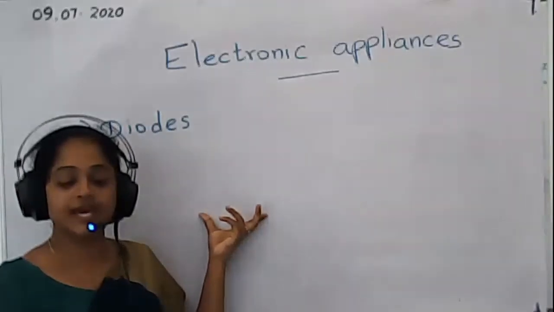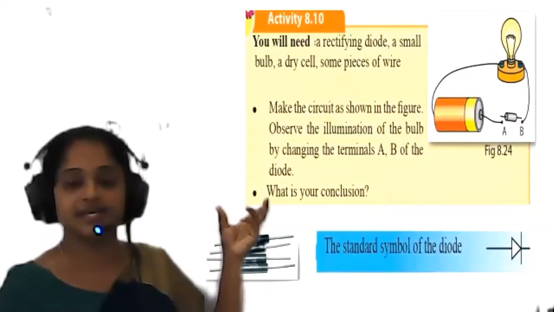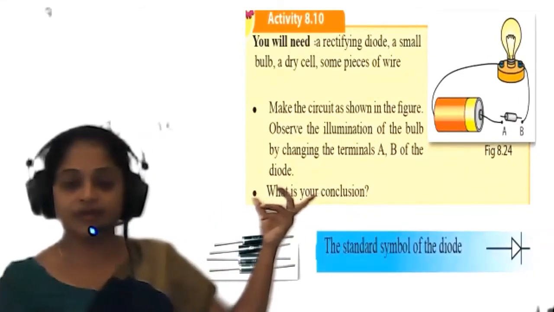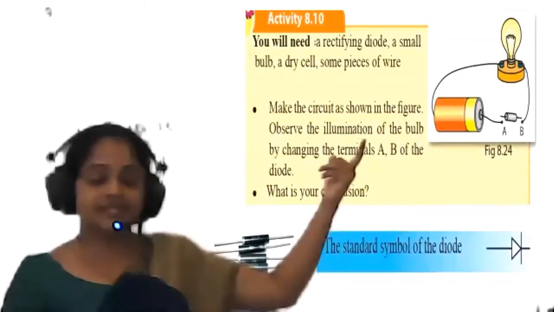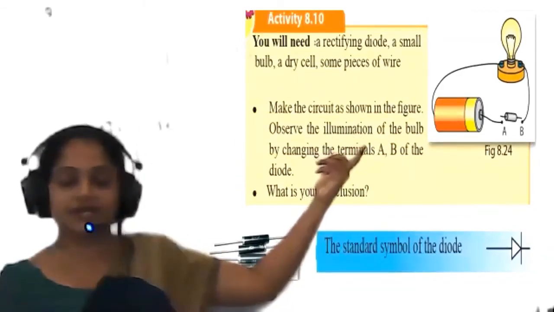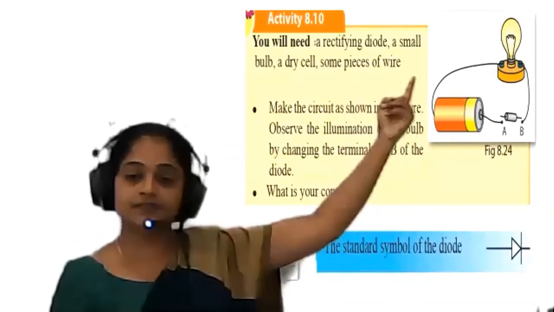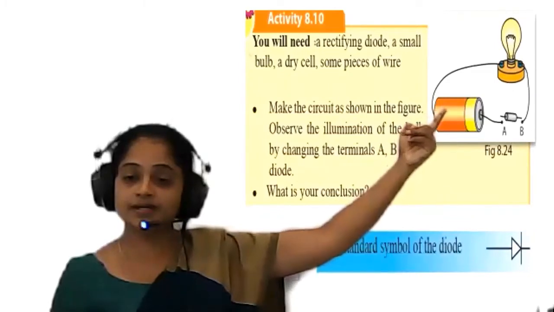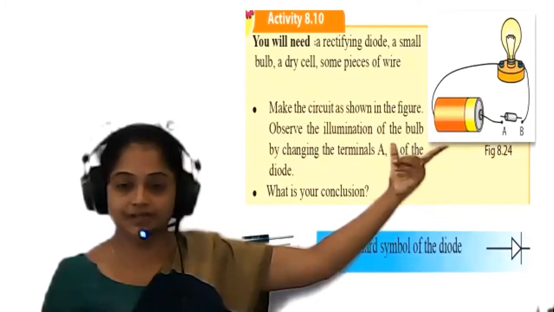Putala, please turn to the activity 8.10 in your textbook. I think you can see in here the board. Activity 8.10. Now you can see there is a simple circuit as the previous one. It is also the same as the previous one. There is a dry cell and bulb and connective wires, and there is a small space between A and B. Right.